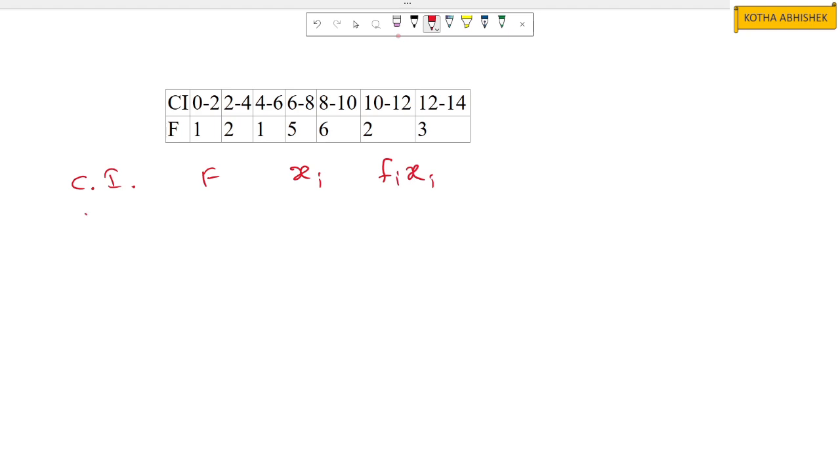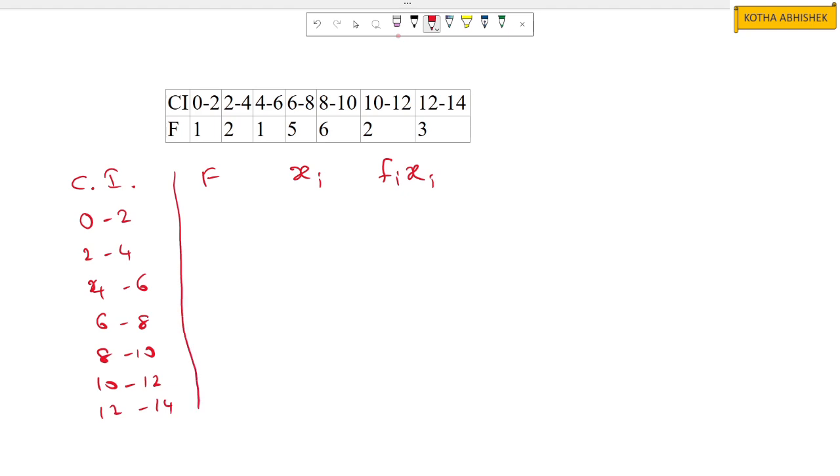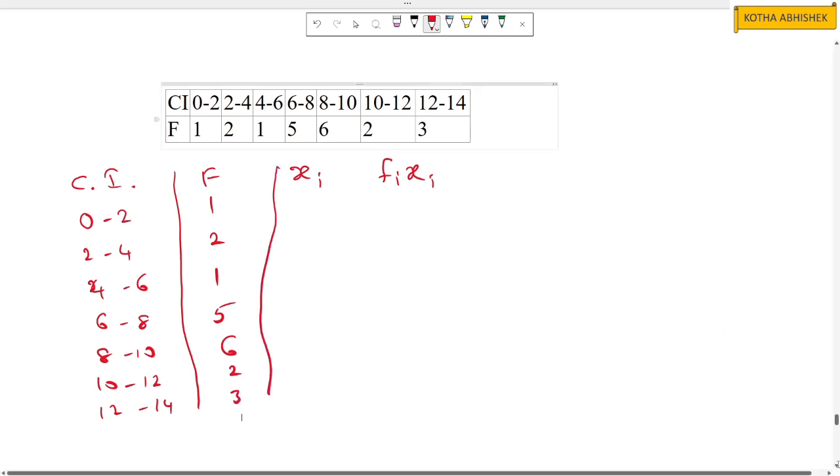So the class intervals are 0 to 2, 2 to 4, 4 to 6, 6 to 8, 8 to 10, 10 to 12, 12 to 14. And the frequencies are 1, 2, 1, 5, 6, 2, 3. Now let us try to find the class marks, that is nothing but xi.